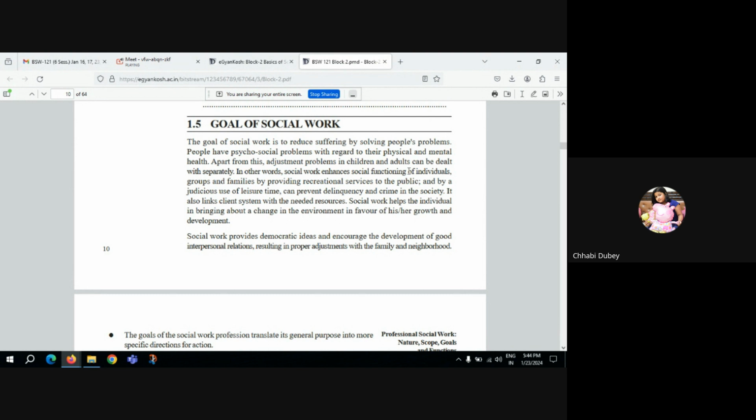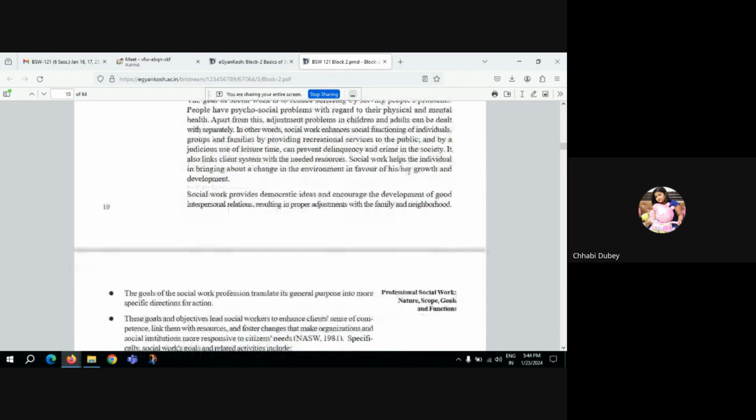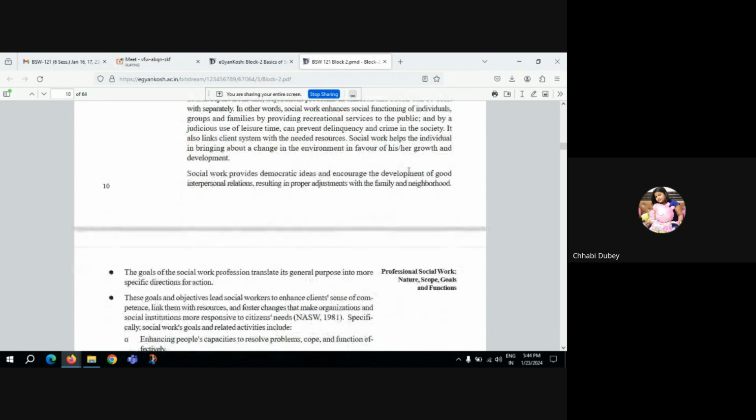Then it helps the individual bring about a change in the overall environment in favor of his or her growth and development. Social work also provides democratic ideas and encourages the development of good interpersonal relations, resulting in proper adjustment with the family and the neighborhood.